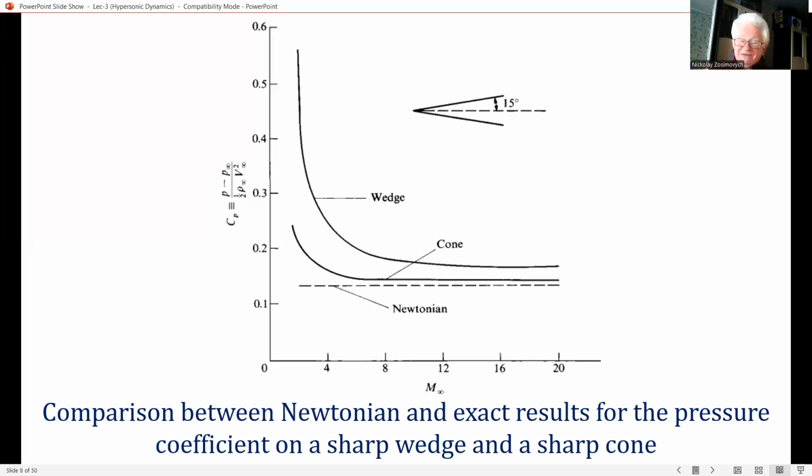This is clearly evident from this diagram, where the Newtonian result is much closer to the cone result than the wedge result. Please look at this diagram and be sure I'm right. So these two trends are general conclusions that seem to apply to Newtonian results for hypersonic bodies in air.